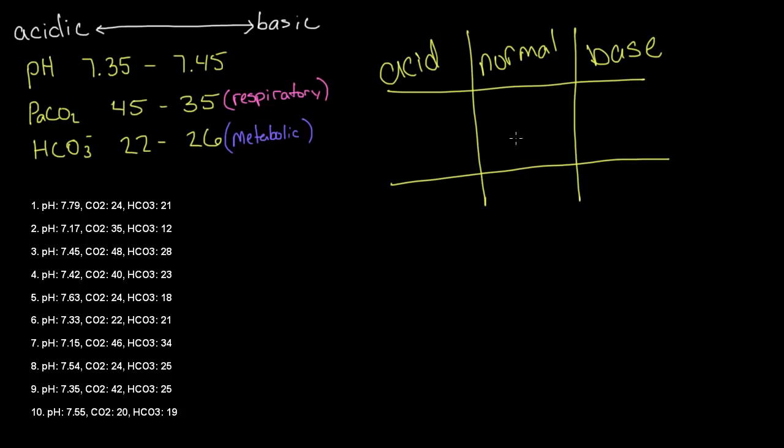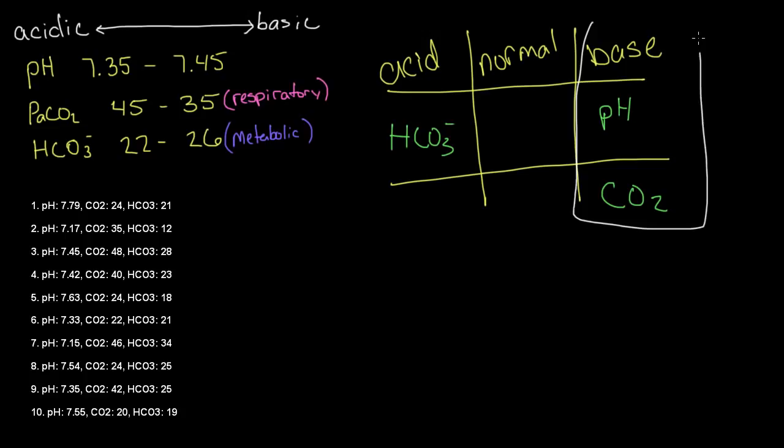So we write down our pH in the base column. We look at our CO2, it is 24. It is also a base, so we write down our CO2 in the base column. Our bicarb is 21. It is acidic, so we write down our bicarb in the acid column.